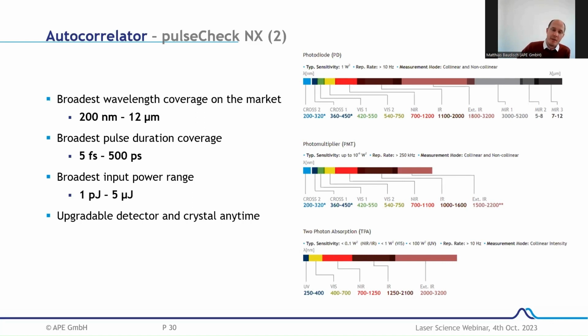You only buy the respective optic set that you need, and you extend the capabilities of your autocorrelator. It can be used for many different sources, and it's a very versatile device, which makes it, especially if you want to use it for many different lasers, a quite cost-effective approach, using this modular design of the autocorrelator.